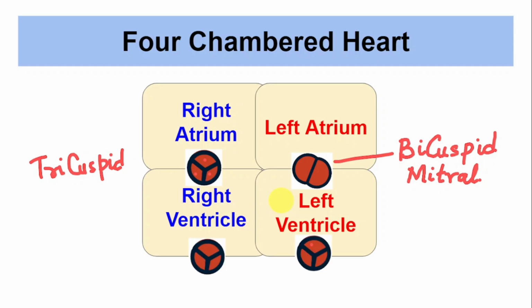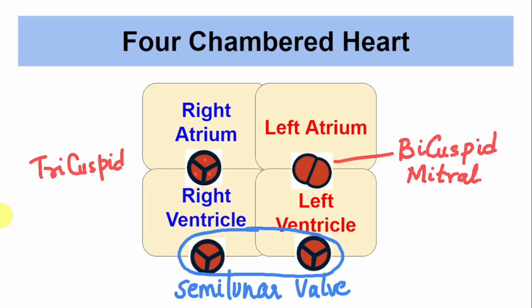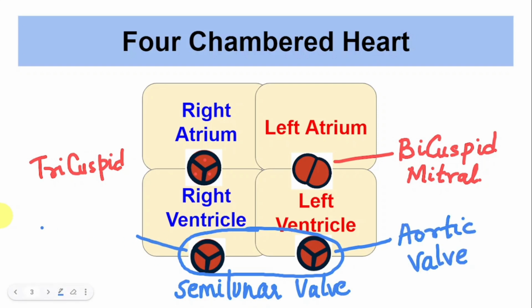And then over here, there is another pair of valves. These are known as semilunar valves. Separately, this valve is called the aortic valve, and this valve is called the pulmonary valve. As the name suggests, from here the blood will flow into the pulmonary artery.